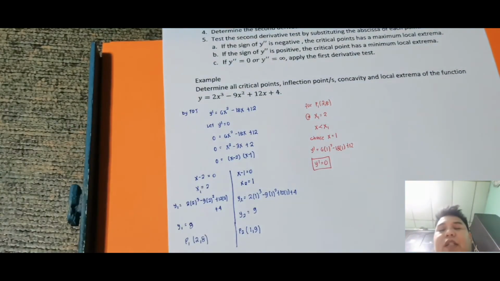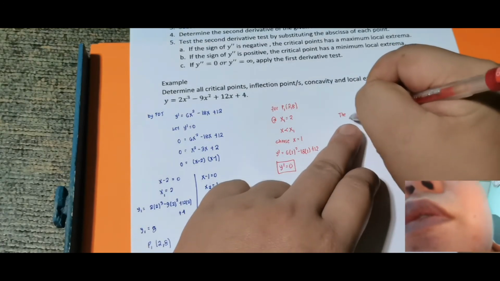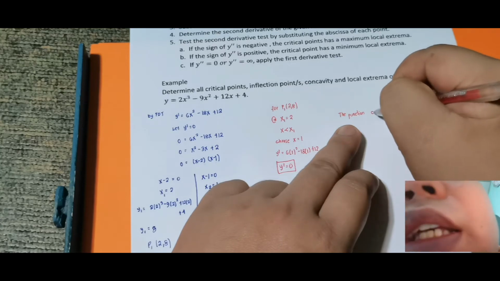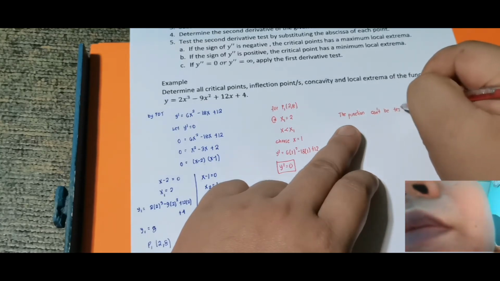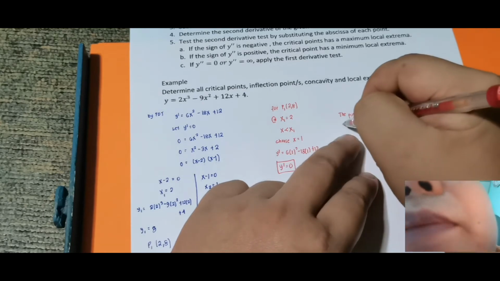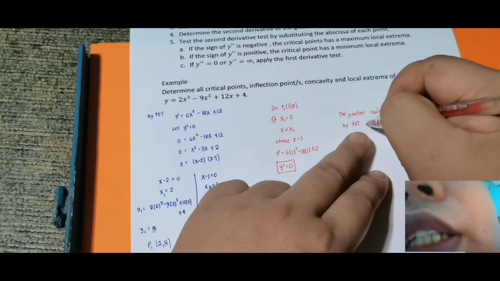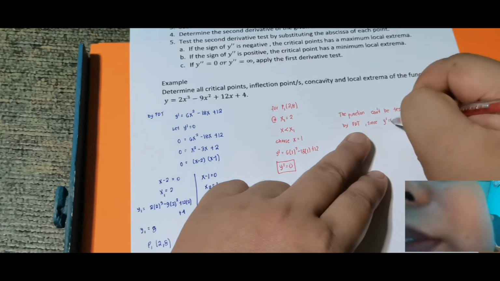Okay, since may nag-exist na y prime is equal to 0, obviously, first derivative test is not applicable. So lagay ko lang, the function can't be tested by FDT or by first derivative test. Okay, since y prime is equal to 0.